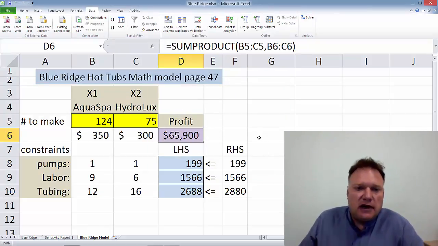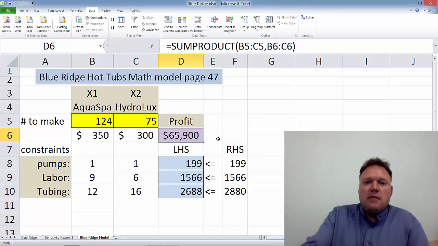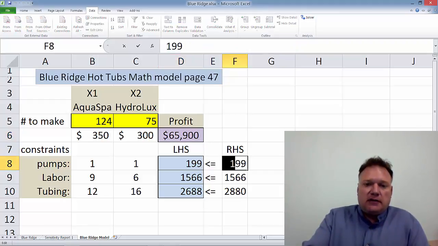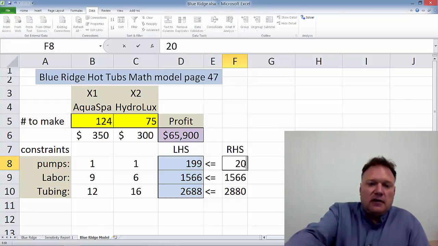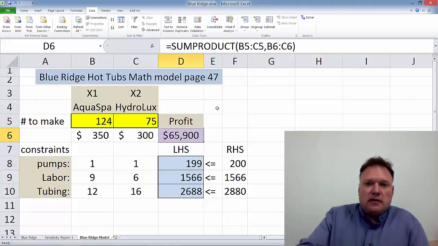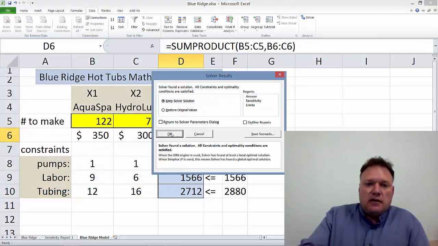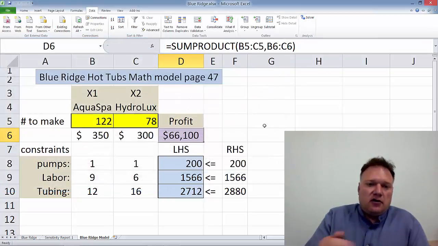So I think I said the wrong number earlier, but it decreased by $200 because earlier it was 66,100. Let's change it back to 200, and you can see indeed the decrease was $200 too.